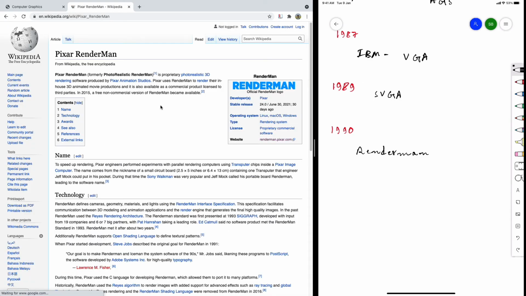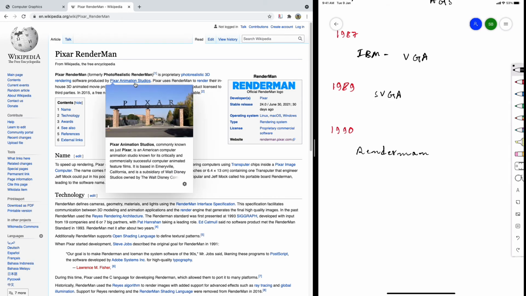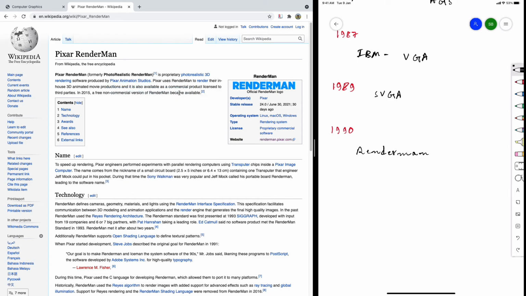And what is RenderMan? Let us check. So RenderMan is a photorealistic 3D rendering software and it is produced by Pixar Animation Studios.